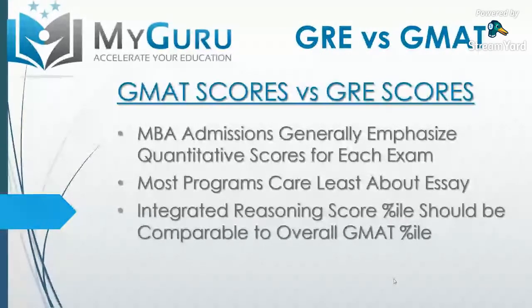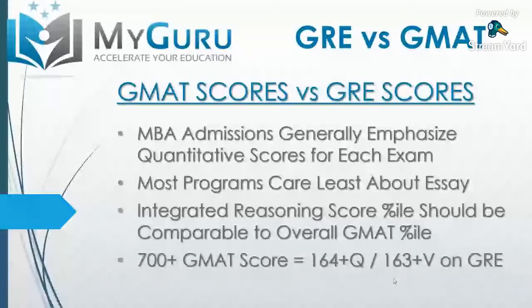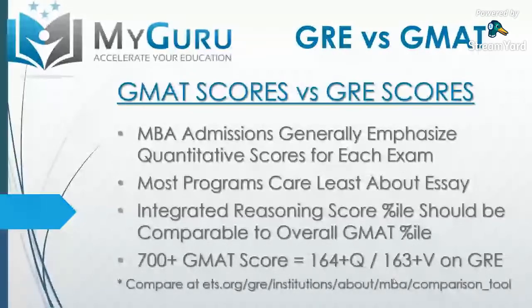They have begun prioritizing the integrated reasoning more for whatever reason in the last couple of years. And so basically, there's a correlation that schools use to get a GMAT score from the GRE, and the GRE itself at ets.org/GRE/institutions/about/MBA/comparison_tool.